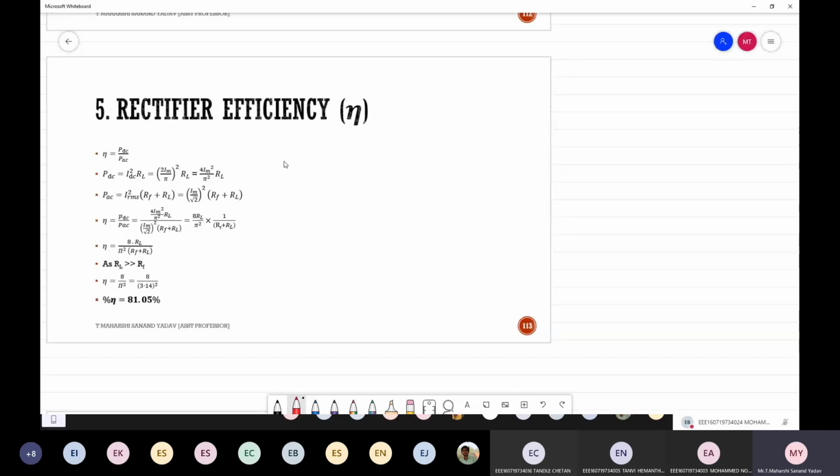This is nothing but efficiency. Efficiency is PDC by PAC. Now, without seeing this slide, you try to solve and tell me the answer. Rule number 14. What is the formula for PDC?